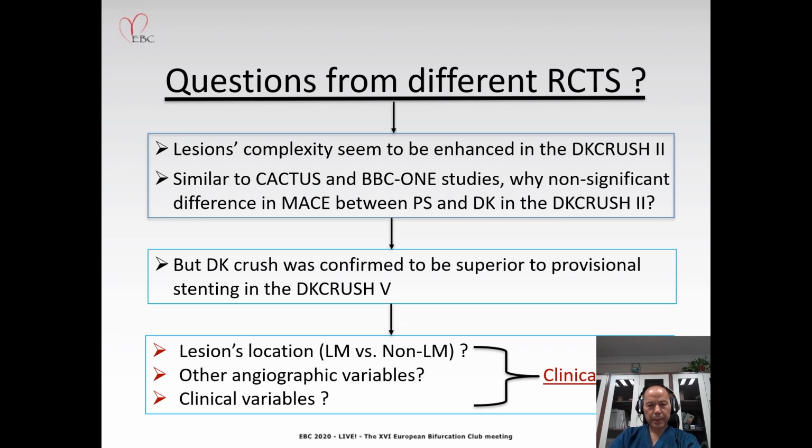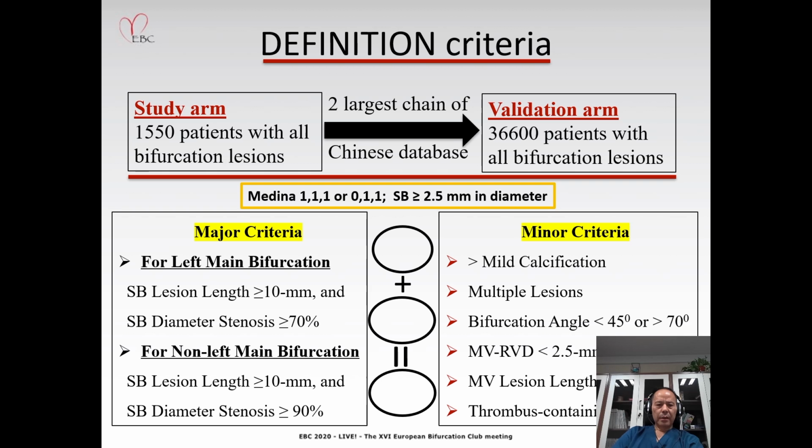So from this comparison of 4 different clinical trials, probably lesion location, for example, left main versus non-left main bifurcation lesion, or the angiographic variables as well as clinical variables contributed to the occurrence of clinical events. So far, there was no universal criteria to separate simple from complex bifurcation lesion.